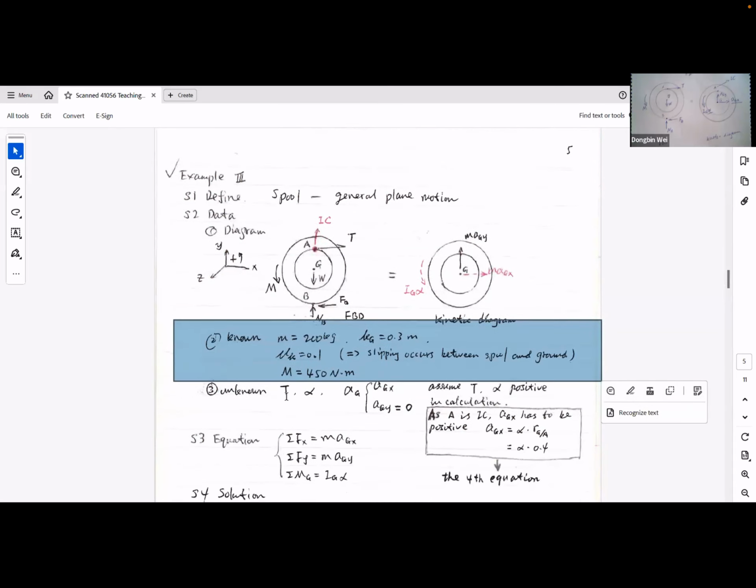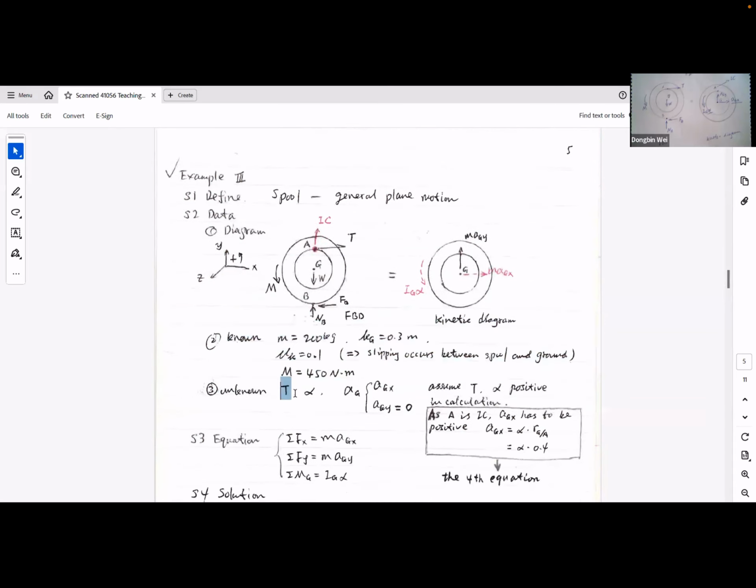Okay, we don't know T, alpha, and AG, but here, as I said just now, AGY should be 0. We don't know AGX. And in this kind of problem, alpha and AGX are not independent.